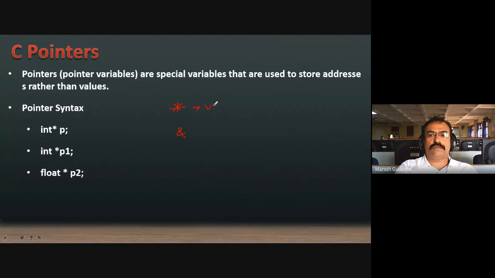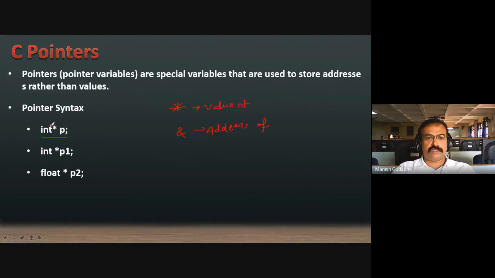Always pronounce the asterisk as "value at" and pronounce the ampersand as "address of". These are the two things which you need to keep in mind whenever you are dealing with pointers. Now I am declaring a pointer variable here.